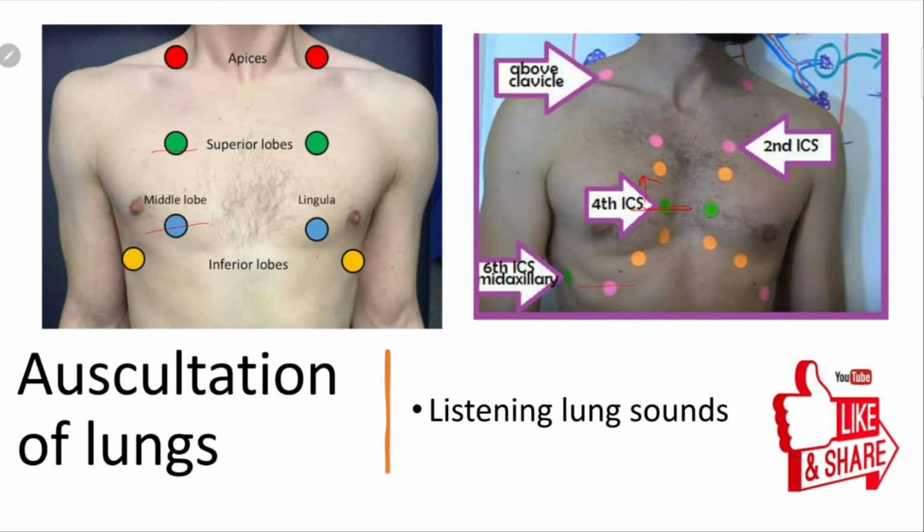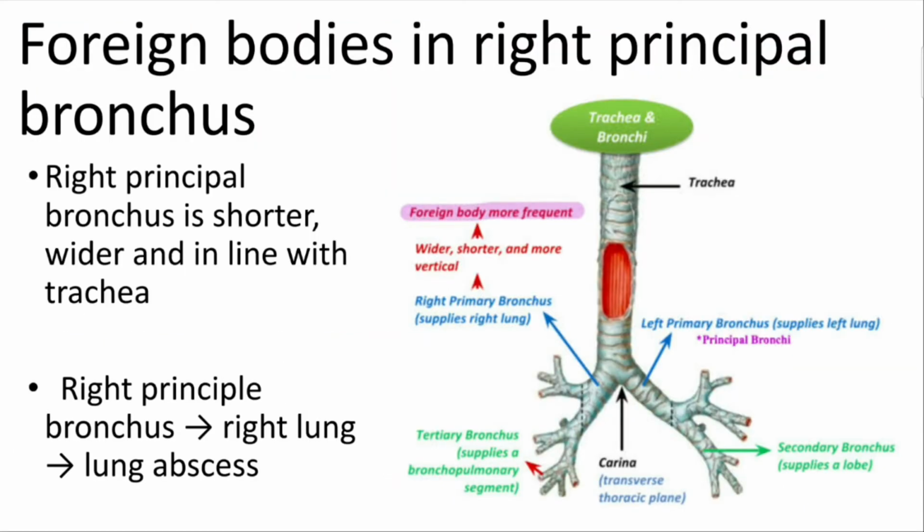So here, the lower lobes of both lungs are audible at or below the sixth rib on the front. So here, the inferior lobes of the right and left lungs are best examined on the back, especially in the region of the triangle of auscultation.